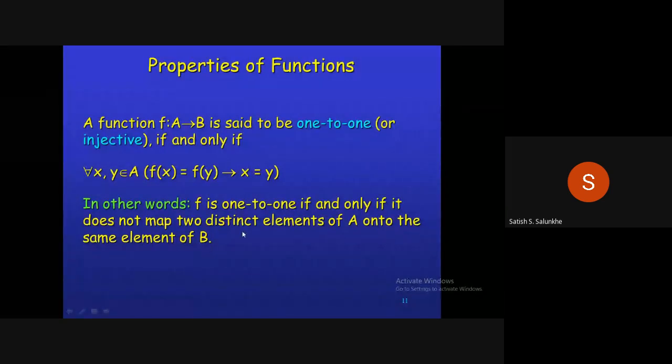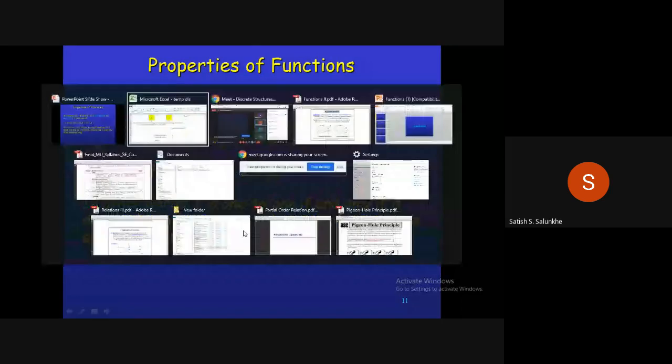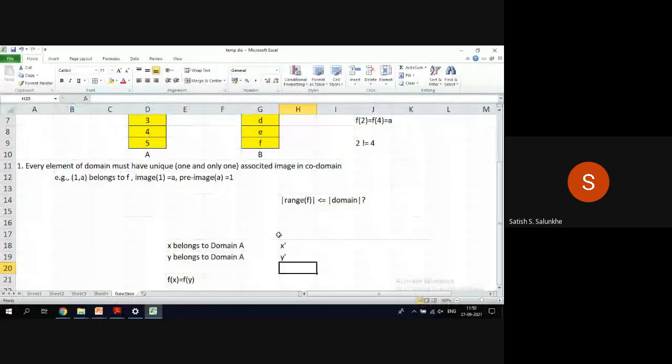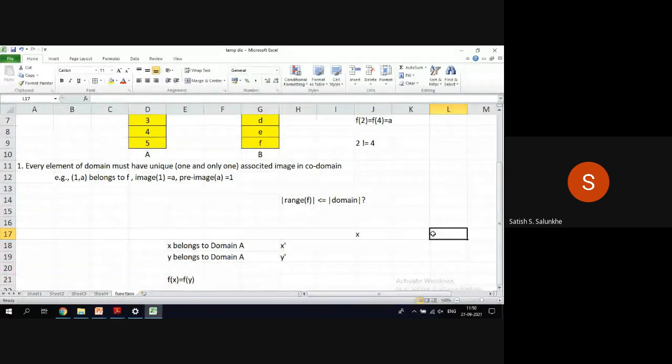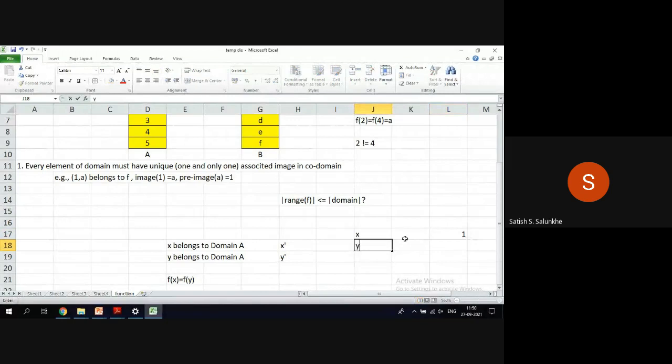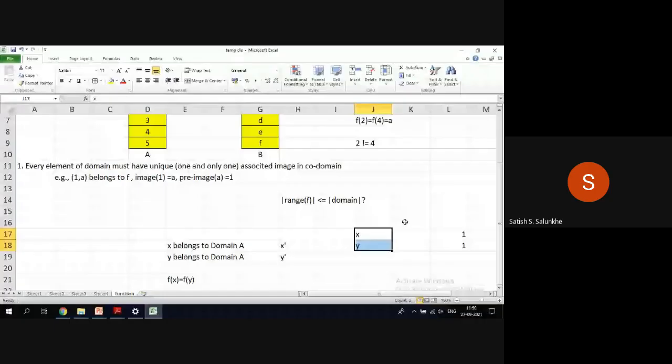If you are having x mapped to, let us say, 1 and y also mapped to 1, where x and y belong to domain, in a plain function this is allowed.